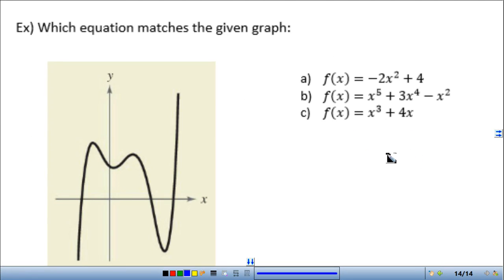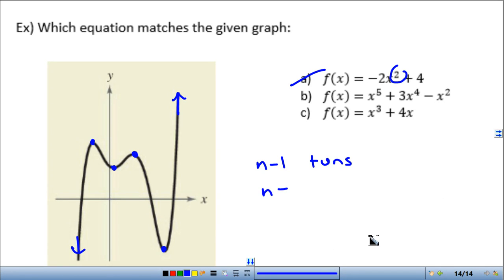So which equation matches the graph? Well, it climbs on the right and descends on the left, so its leading term is odd. So that gets rid of this one because it's a square, and that's even. It's got to be one of these. Now, how many turns does it have? It has 1, 2, 3, 4. And remember, n minus 1 turns.